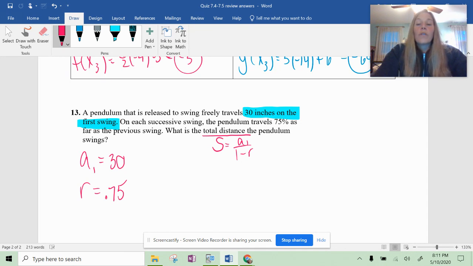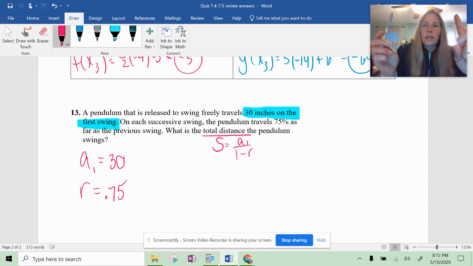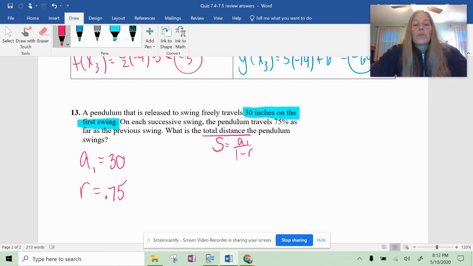So if you started that, technically, as it goes, those little movements are going to get smaller and smaller and smaller. Eventually it'll stop at some point, but we're just going to find the sum of the total distance, and we just know that it's going to go 75% each time of the previous swing.